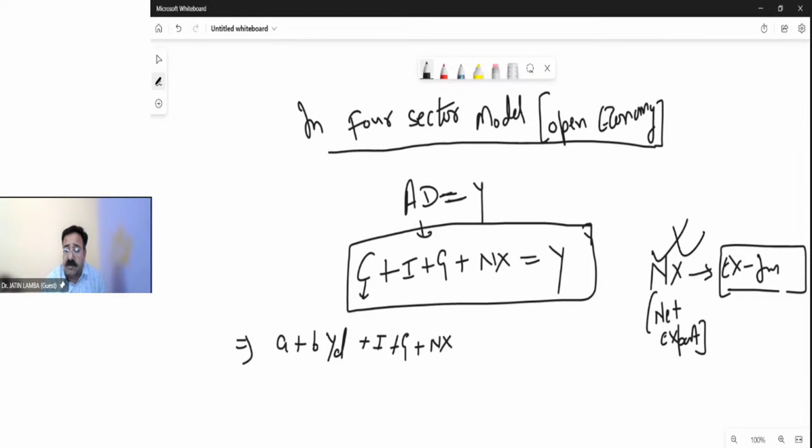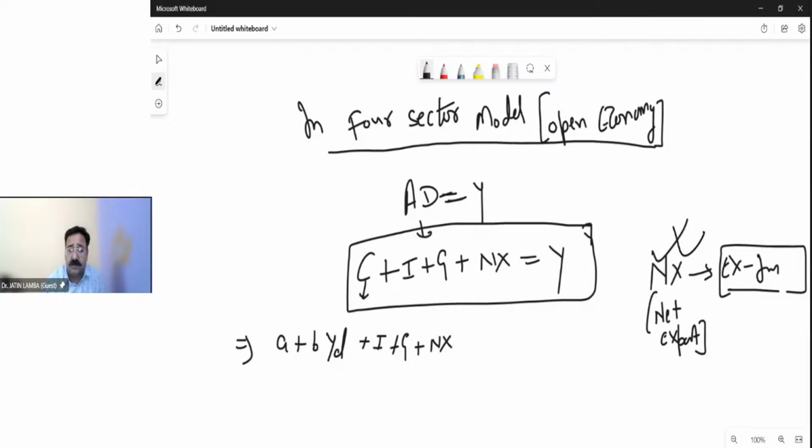Here we can also take NX as a constant, export minus import, right? But in other cases, there are also two cases where you can take export and import as constant, and some part of import may be a function of income, right? So export will be given as a constant, but in import there will be a little change here.